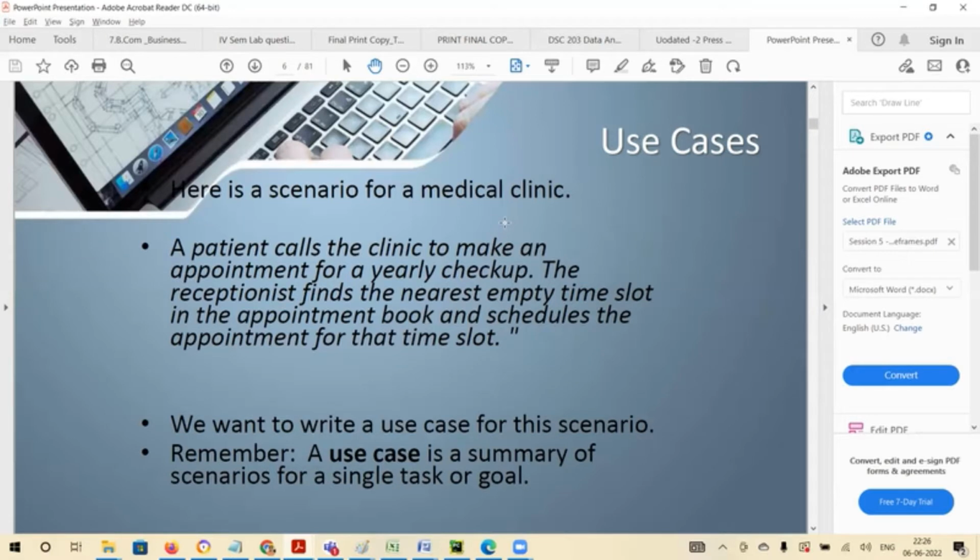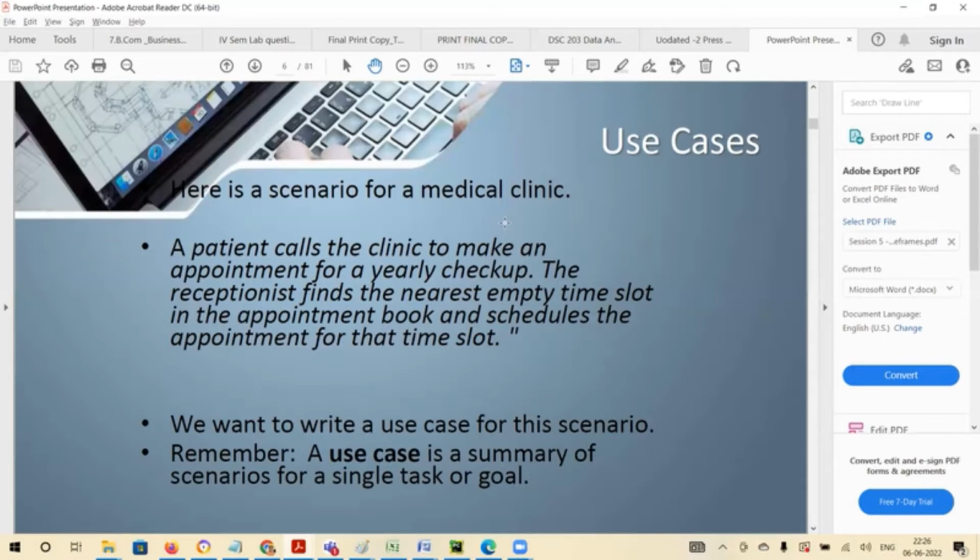If they just call and ask the time, that will not kickstart this use case. It kickstarts only when someone is asking for an appointment, and that's when you use the appointment system, look at the available slot, and then say your appointment is booked, and here is your confirmation ID. Once you get that confirmation ID, that's when the scenario ends.